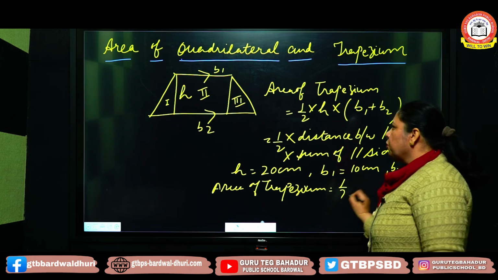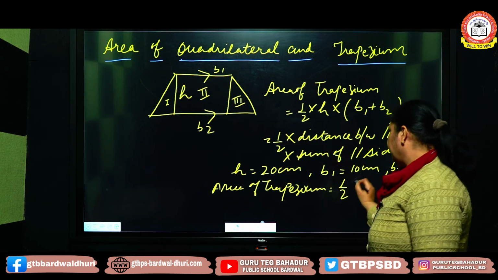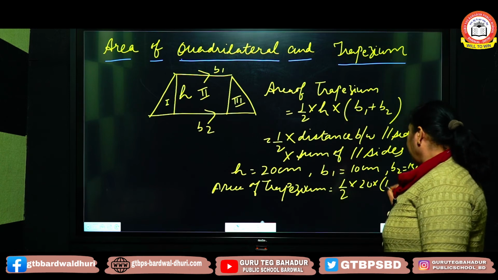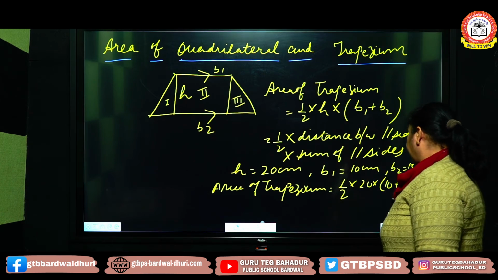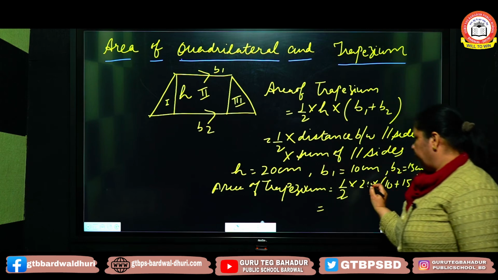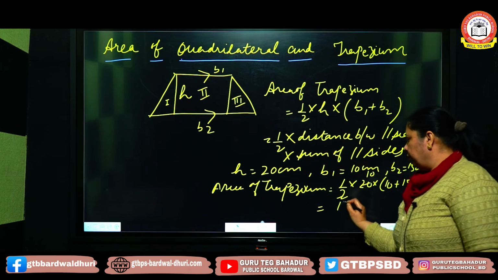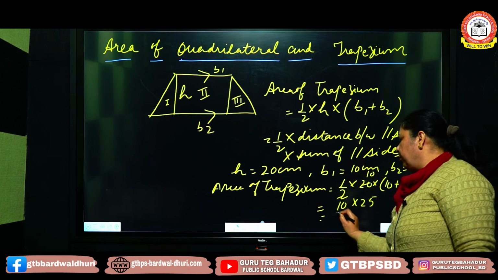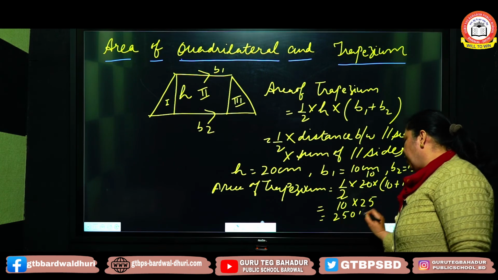Substitute the distance between parallel sides h, that is 20, B1 is 10 and B2 is 15. It will become 250 square centimeter.